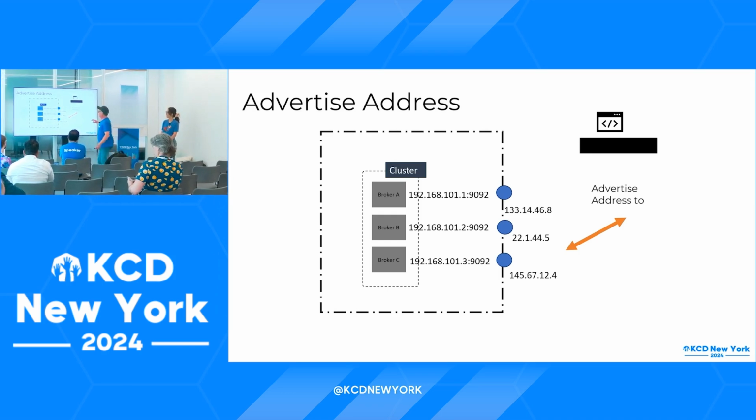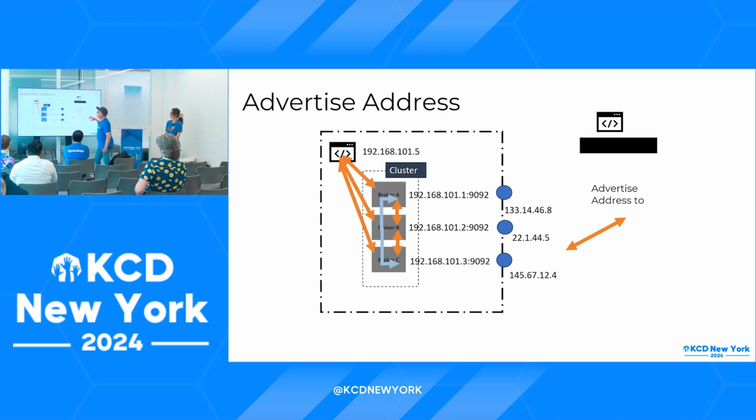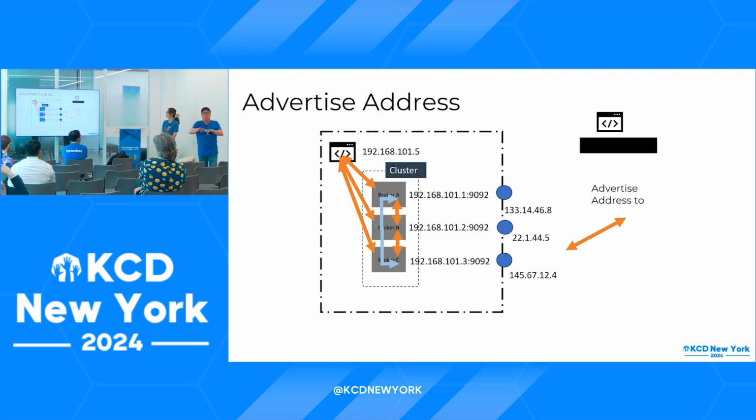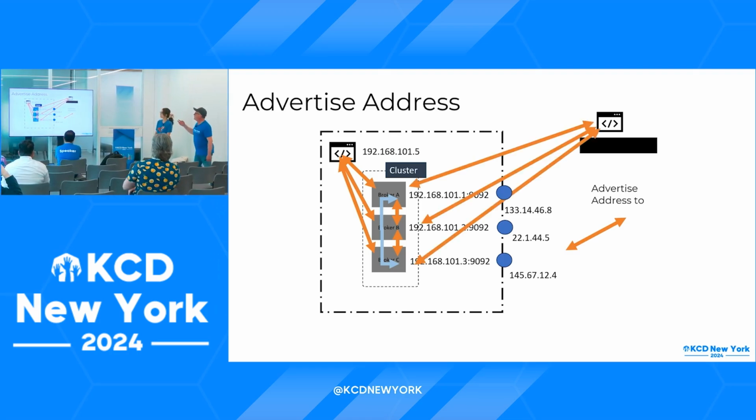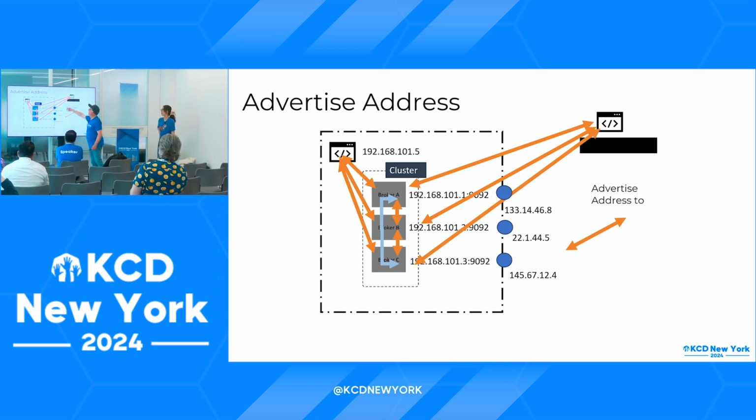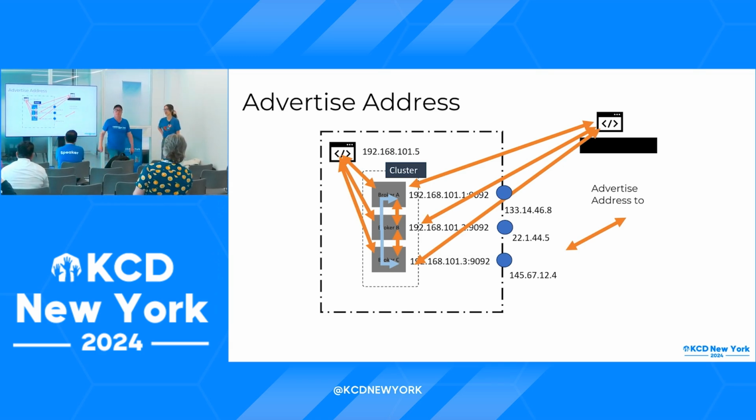Looking in from the outside, on one side it's very simple to find a single address. You could do a load balancer, but the client won't work that way. It just doesn't. So what you end up having is either load balancer IPs or using the internal IPs from the client library.